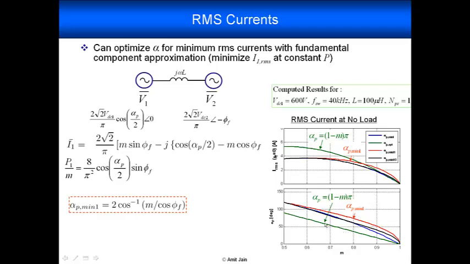If we go with the scheme in which we are equating the volt seconds across the transformer, so that's this green curve here for alpha p, then we come up with the green curve here for the RMS current value. If we choose alpha p according to this equation here, then we are getting this red curve.